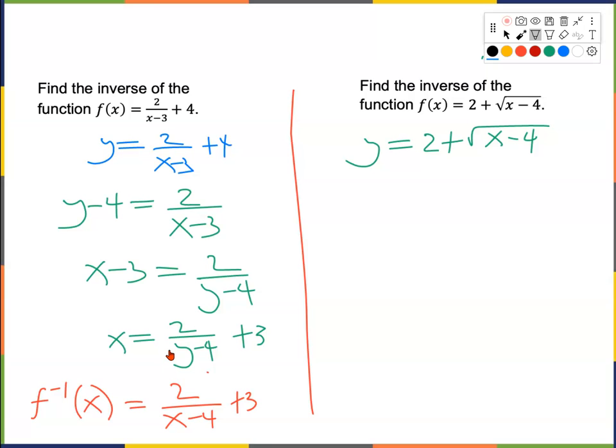Let's do the same thing for the next problem. f of x equals 2 plus square root of x minus 4. So first subtract 2. Oops, sorry, my mistake. Next, to get rid of the square root, we square both sides.